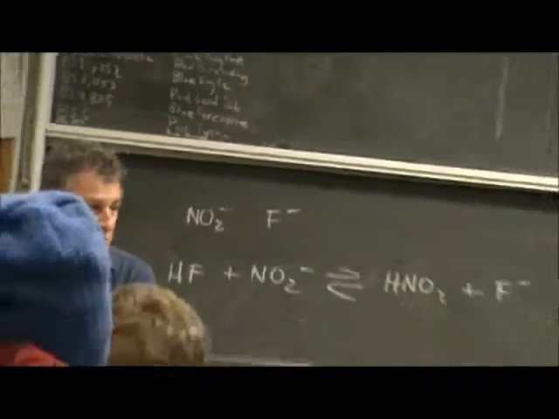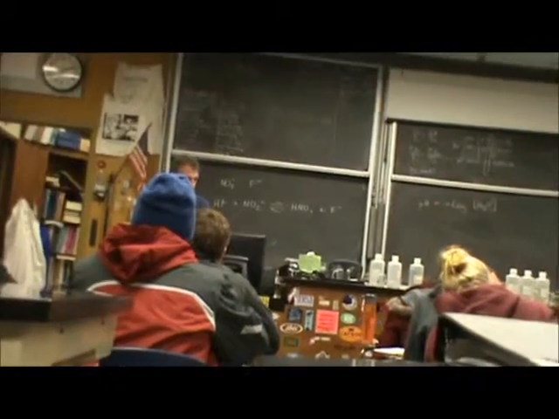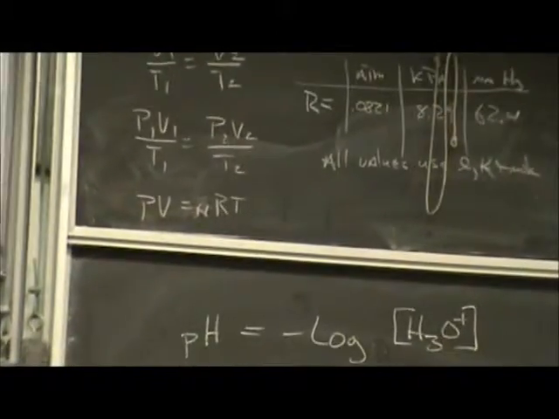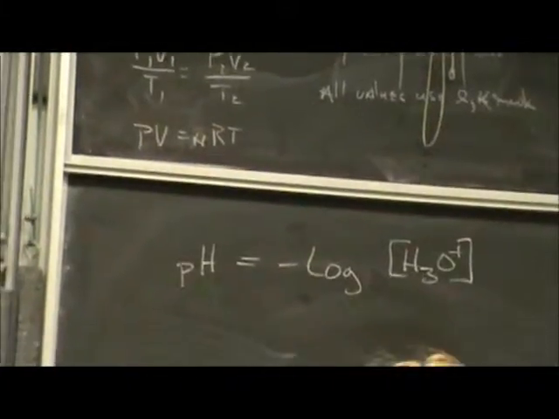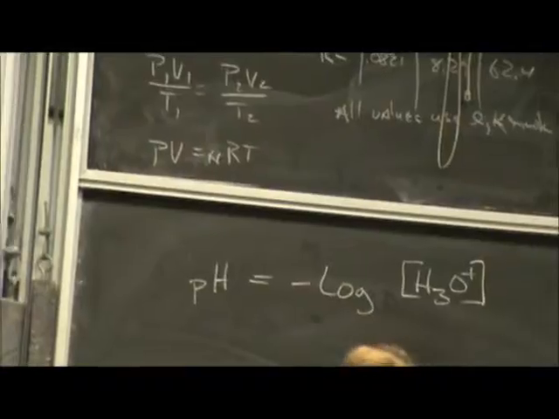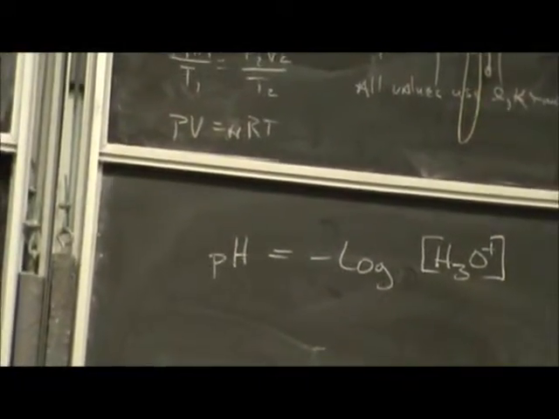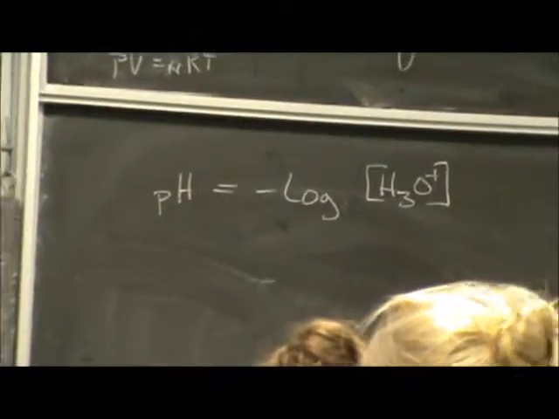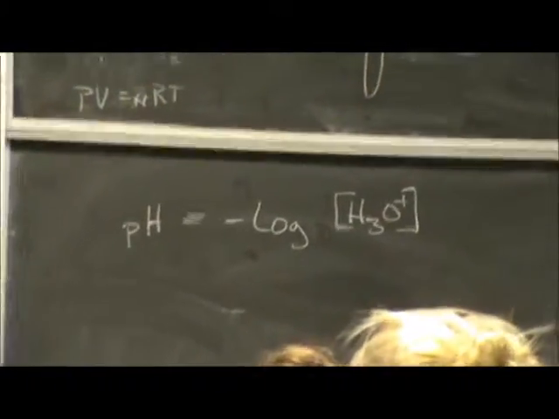Now, an acidic solution has a lot of hydronium ions in it. An acid, however, is not acidic, as we'll find out. The terms acidic, basic, and neutral refer to a balance between hydronium ions and hydroxide ions. We'll start this conversation and have to continue it next time.